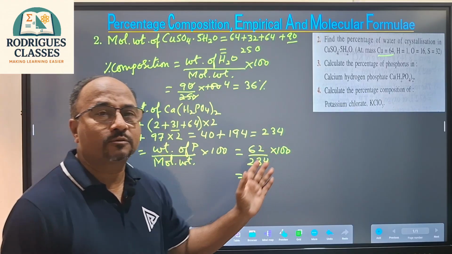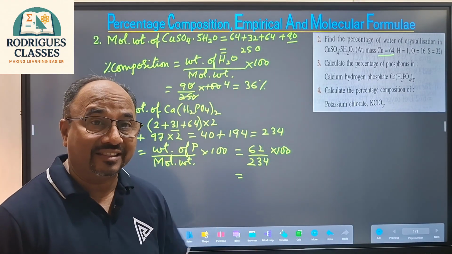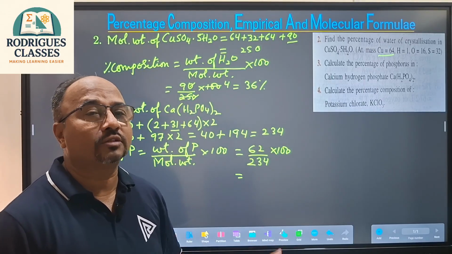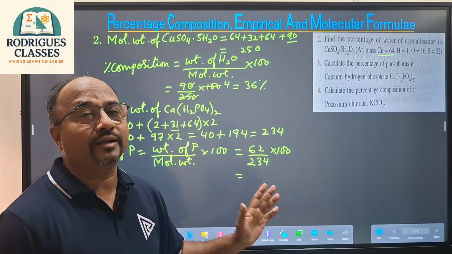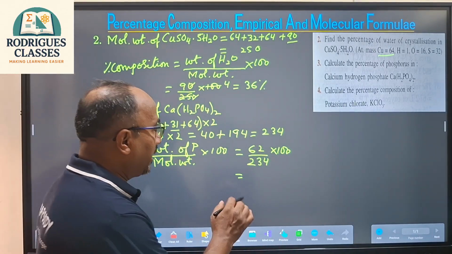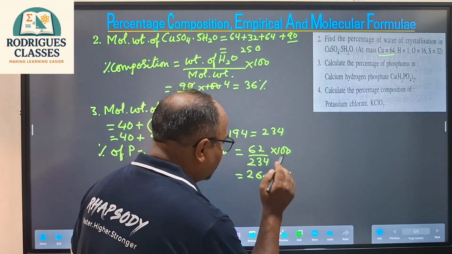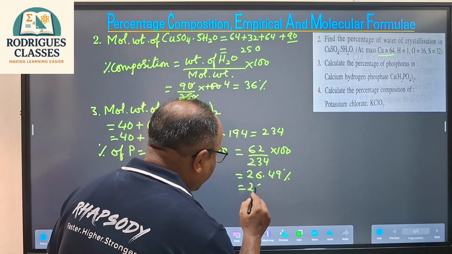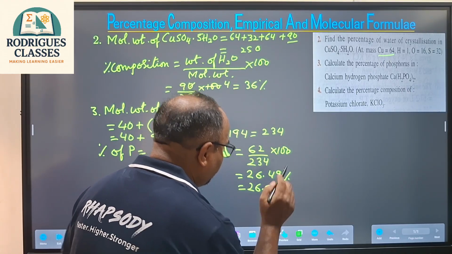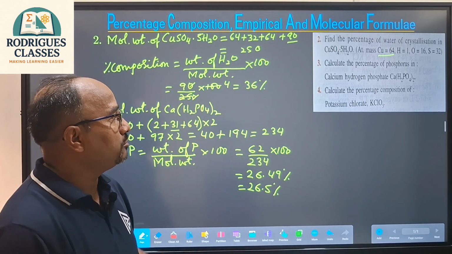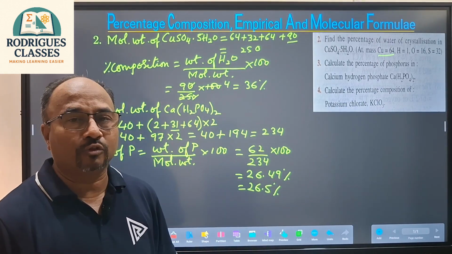This is a very lengthy calculation, so you will have to work it out. On doing it and calculating it, I am getting 26.49%, which I can write as 26.5%. So this finishes these two numericals. We will proceed to the fourth one now.